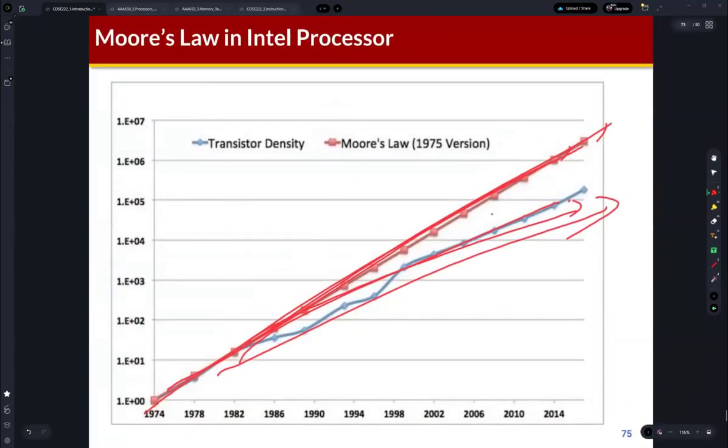Okay, but Moore's law is still important because the CPU vendors, the semiconductor companies, try to follow Moore's law. They have developed the semiconductor technology based on Moore's law.